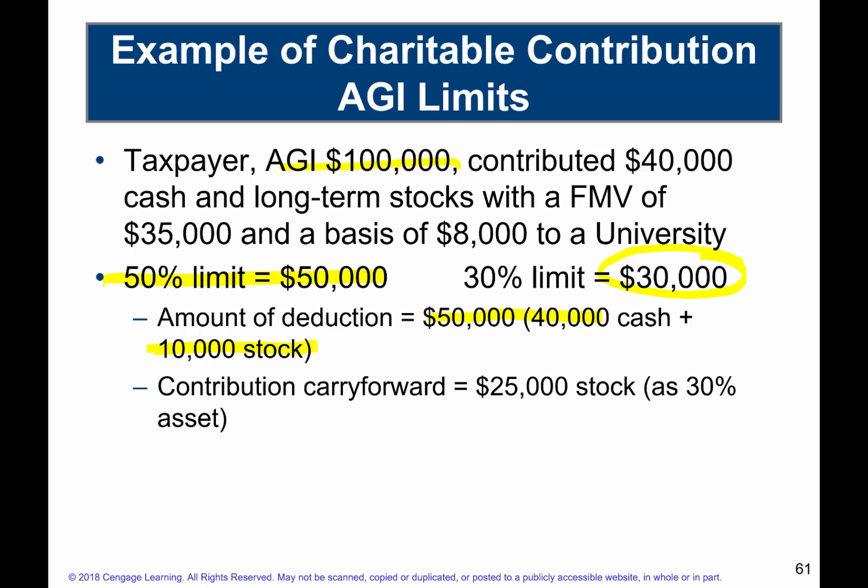That's 10,000 of fair value, and since the stock had a fair value of 35,000, he still has 25,000 left to go, which he carries forward, and it carries forward still being considered 30% property. Okay. So that's a pretty good example, I think, showing how you would apply the thresholds going against the 50% first. Okay.